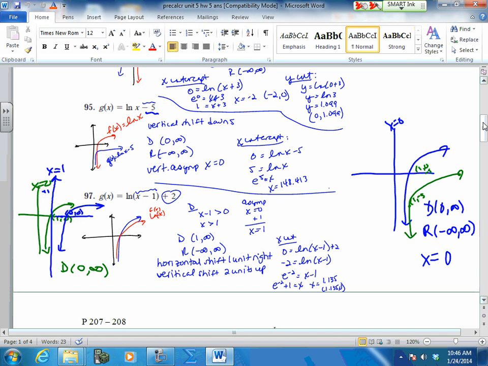Up 2. So I moved this guy up 2. I'm 2, 0. I am now 2, 2. And do I have to change my asymptote? Nope. My domain? Nope. So my domain, I added 1. So my new domain and my new asymptote change, and my range stays the same.